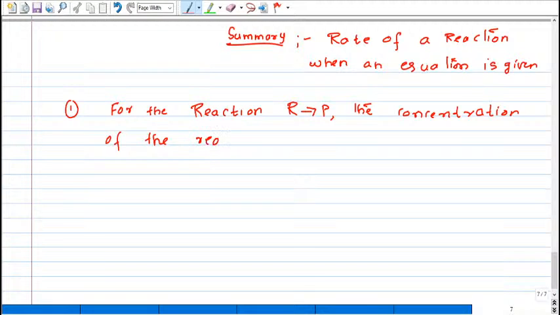please note down in your notebook, it's very important. The concentration of the reactant changes from 0.03 M, you know what is M, molarity, to 0.02 M in 25 minutes.